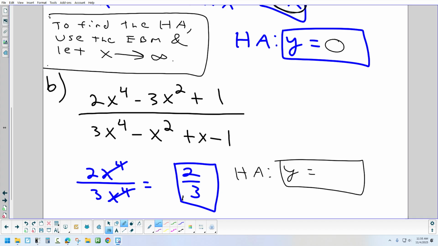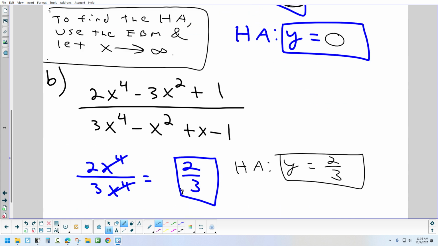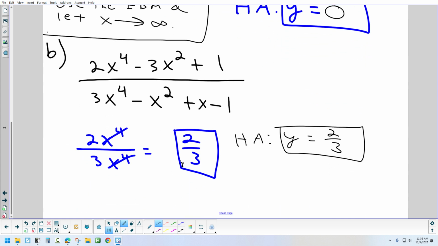So then what happens to this fraction as x gets bigger and bigger? It stays the same. So the horizontal asymptote this time is 2/3. Those will be the two different things that could happen for today. You're either going to end up with an x in the bottom, and that's going to make your horizontal asymptote 0, or you won't end up with any x's, and then the horizontal asymptote is just that number.